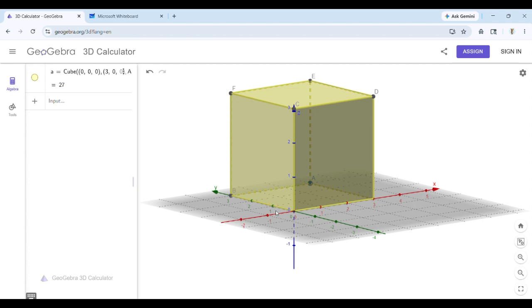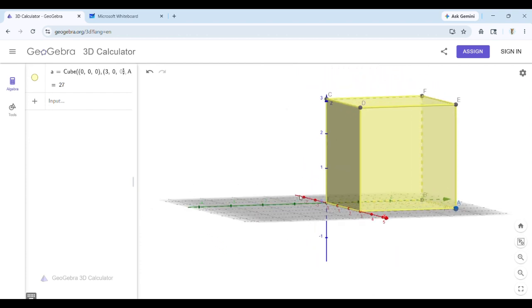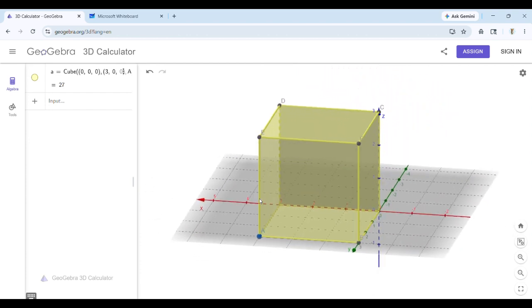So mathematically, we calculate 9 times 3, or length times width times height, or 3 times 3 times 3, which equals 27. GeoGebra confirms that the total space is exactly 27 cubic units.